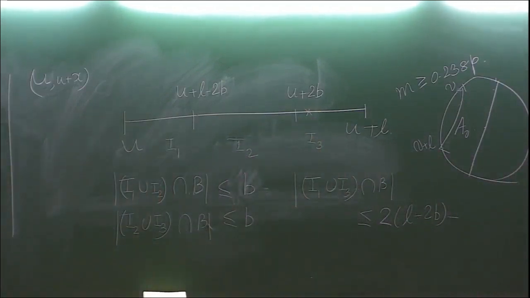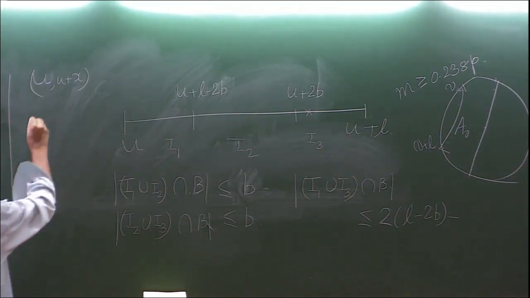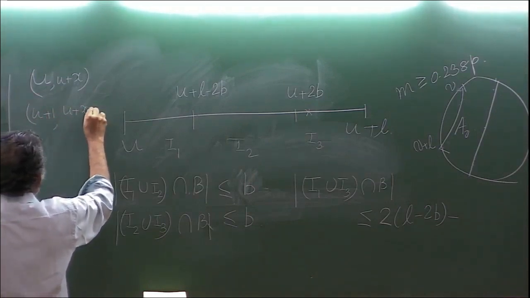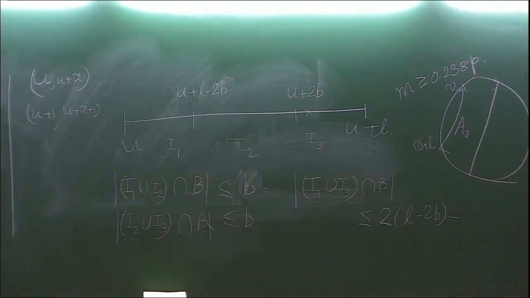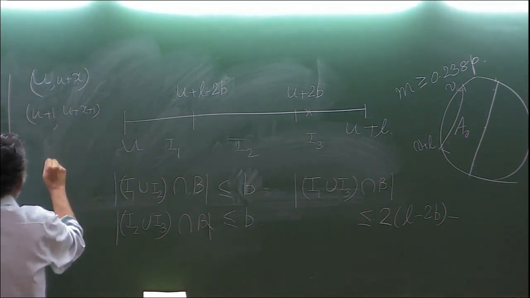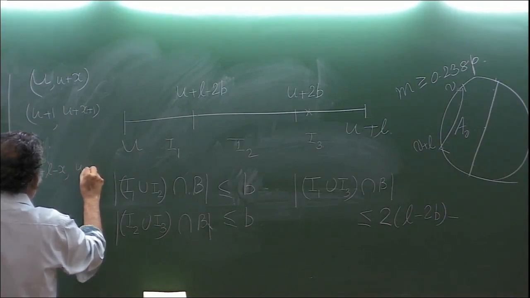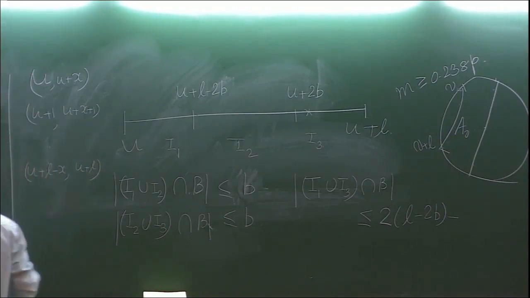Therefore, this element of I1 excludes an element of I3. In the same way, u plus 1 will exclude u plus x plus 1, and u plus L minus x will exclude u plus L. Therefore, there are L minus x pairs in which at least one element has to be excluded.